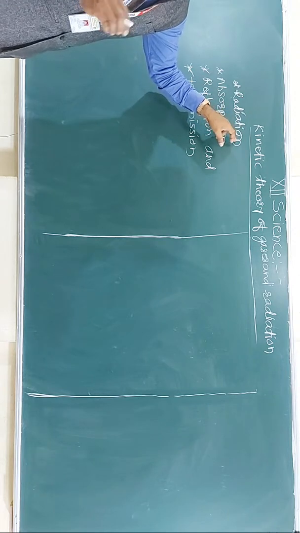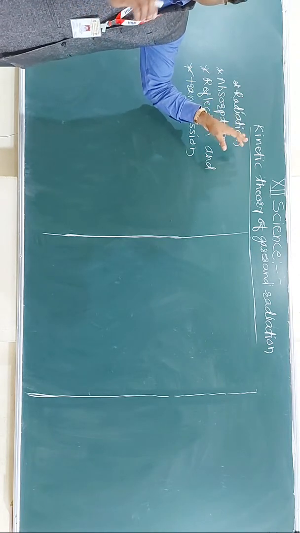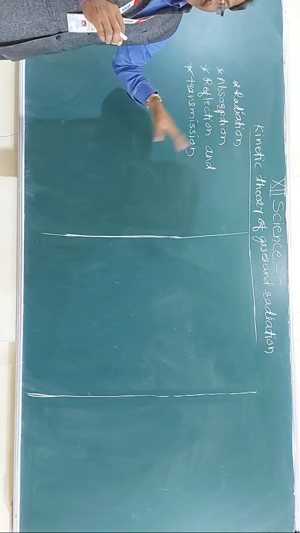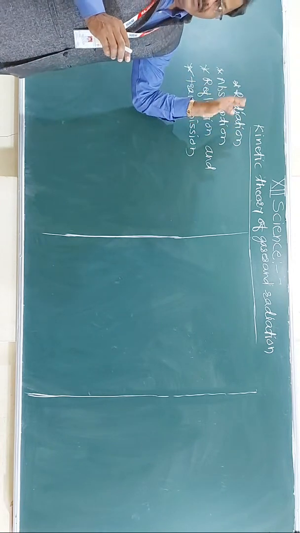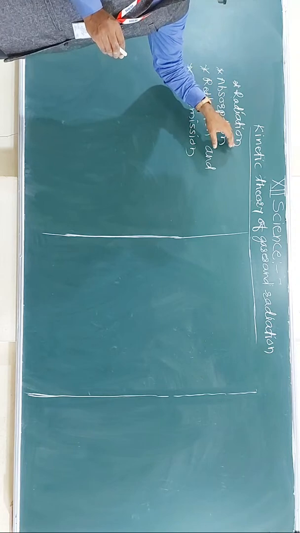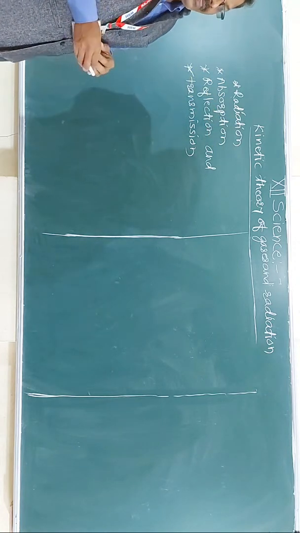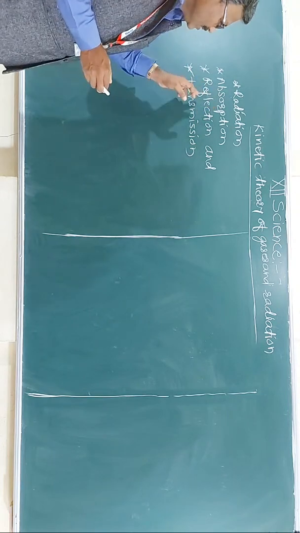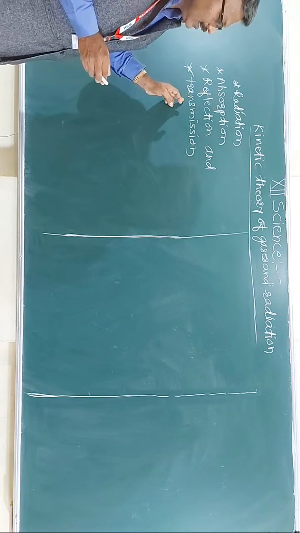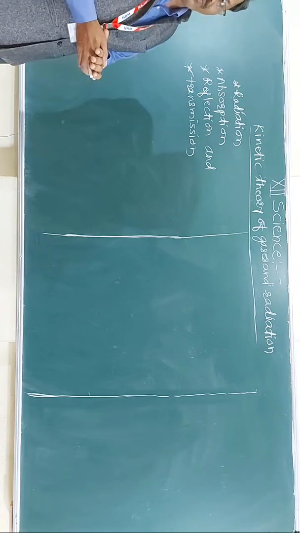This is the radiant heat or radiant energy, or we can say this is the thermal energy. When thermal energy is incident on the body, these quantities, absorption, reflection and transmission, play an important role.